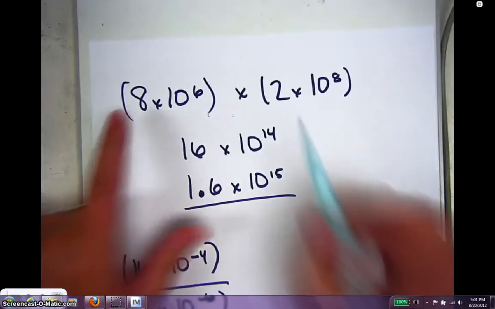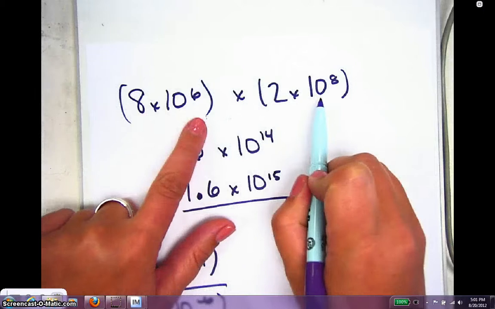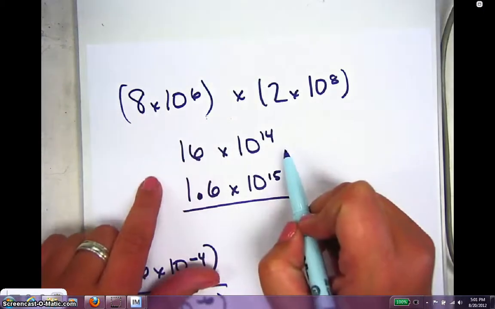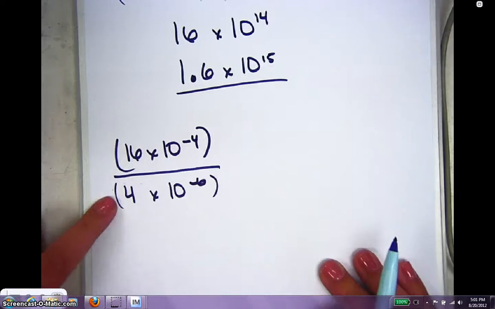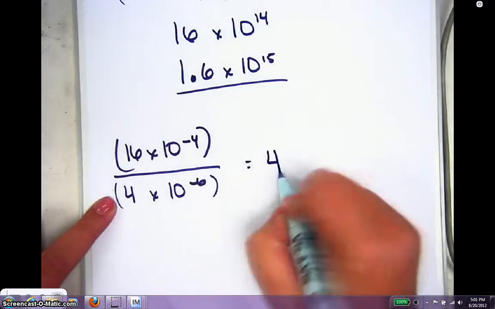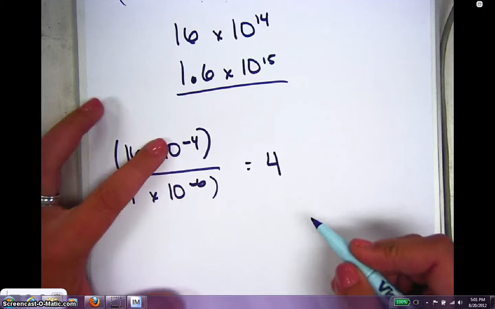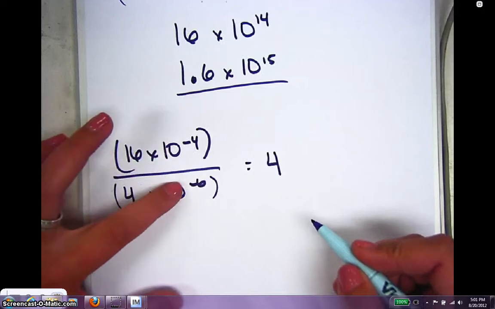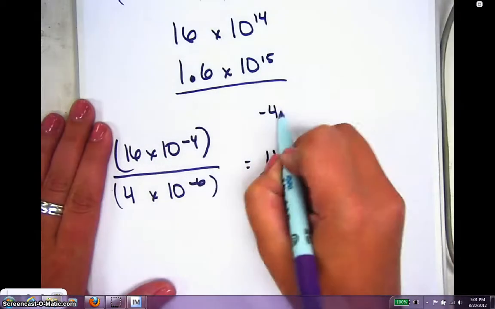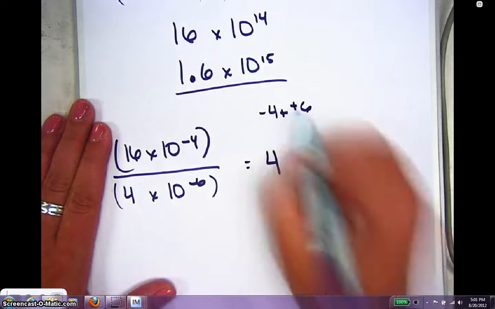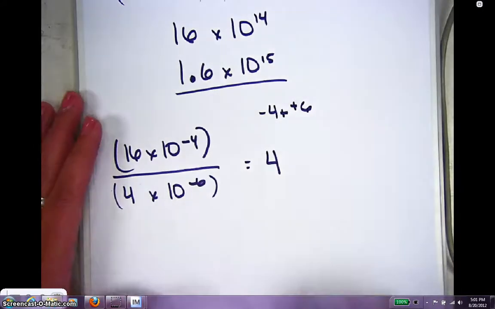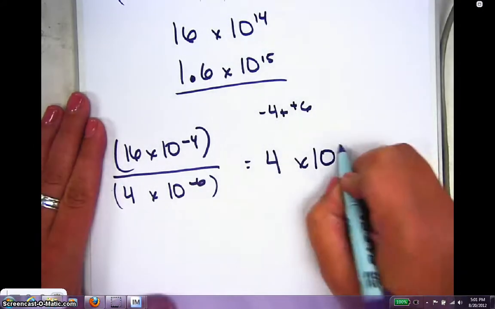Up here we multiplied the first two numbers and then added the exponents to get 16 times 10 to the 14th. Down here, I'm going to divide the first two numbers, so that gives me 4, and then I subtract the exponents. Well, negative 4 minus a negative 6 is really plus a positive 6, right? So my answer should be 4 times 10 to the 2nd.